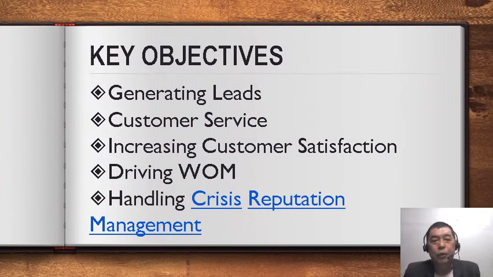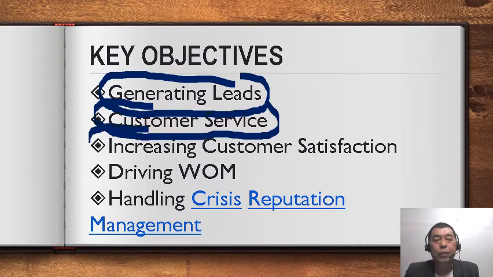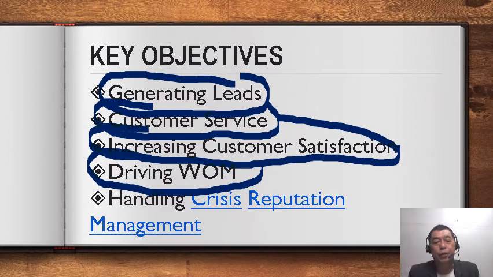Proceed to another major objective. This is like generating leads, improving your customer service, increasing customer satisfaction, driving your WOM, okay, and handling crisis reputation management. This is very, very important, no?